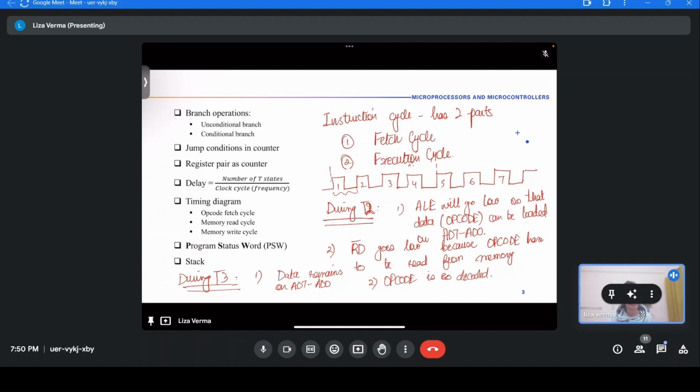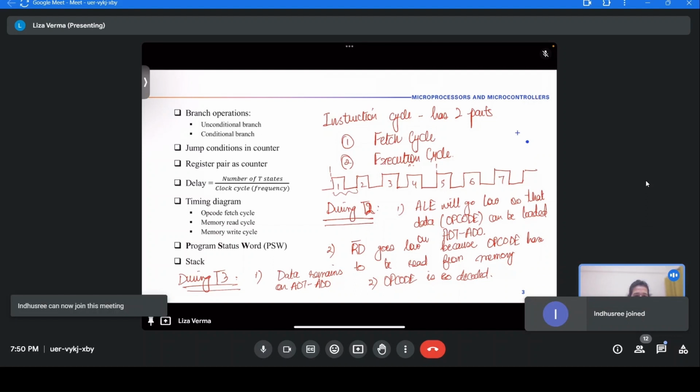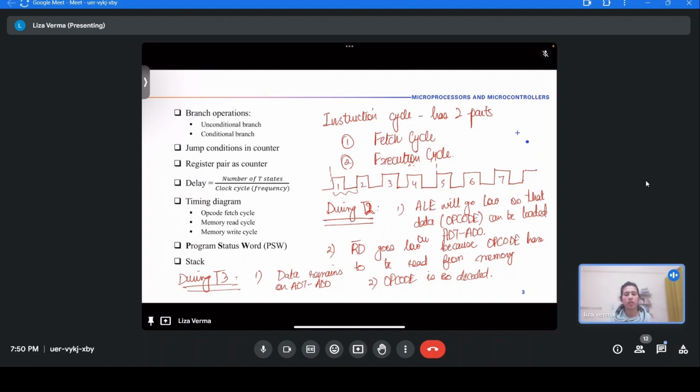So during T3 and T4, this time is used to get this opcode from the data bus to the MPU, and during T4 only it's decoded, right? Sir also told this, that T4 is kind of that dash thing.